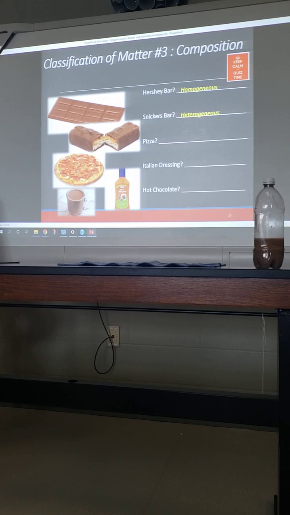Pizza, definitely see differences. The Italian salad dressing, and then hot chocolate with no marshmallows. Good. If I put marshmallows, okay. So when I ask you questions, I try to not pick ones where you'd be like, wait a minute, are there marshmallows or not, right?